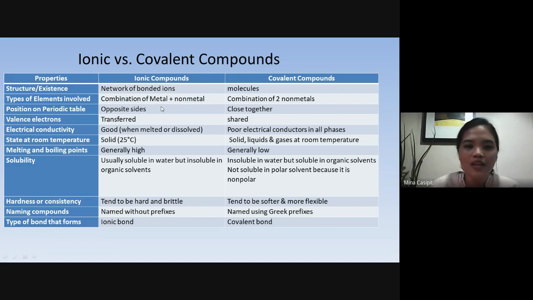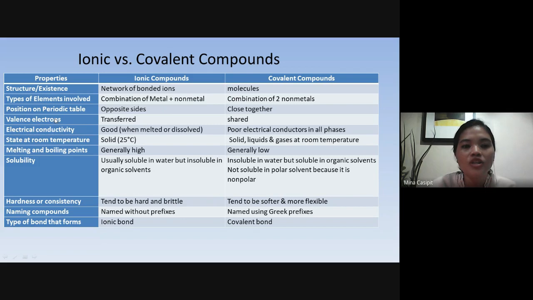Yung metal nandito sa left, yung non-metal elements are found on the right side of the periodic table. So magkabilaan sila, okay? For covalent compounds naman, they are close together. Sama-sama yung mga non-metals at saka yung metalloids.